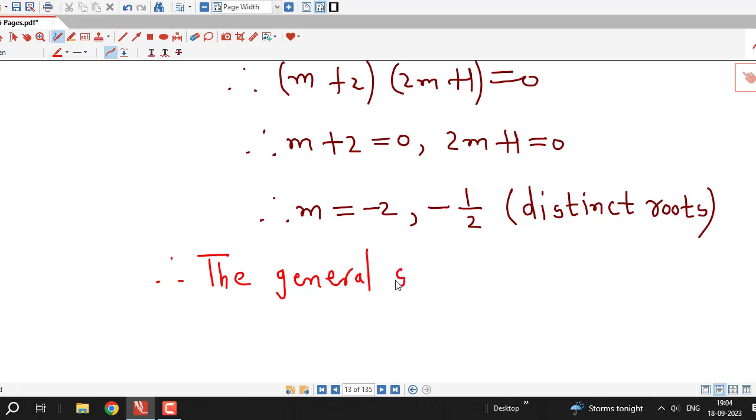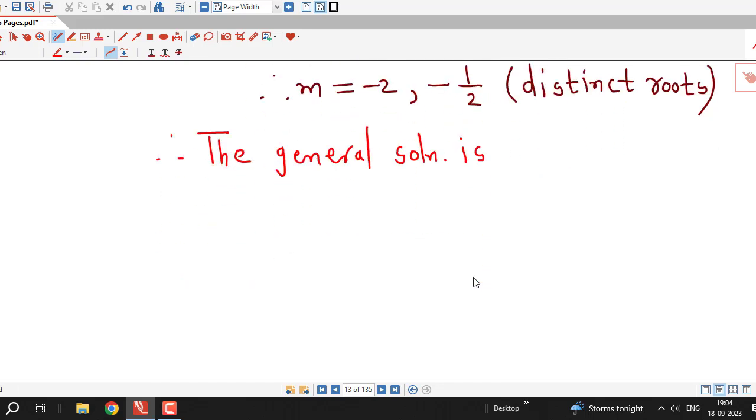In each case we have two cases: roots are distinct and roots are equal or repeated. Therefore the general solution of the given equation is, in the given equation the dependent variable is z and the independent variables are x and y. So remember this form in the general solution: some function of y plus m into x.